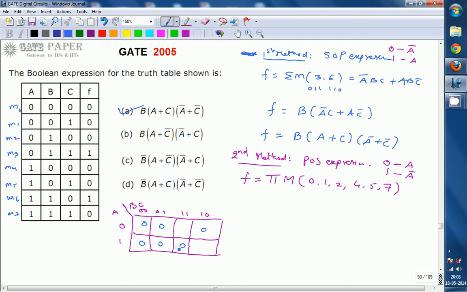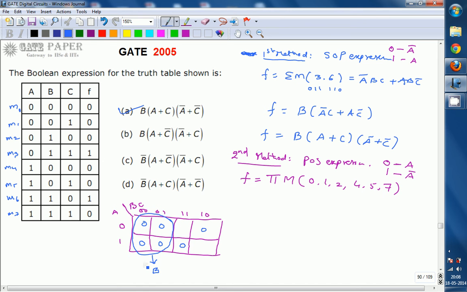Now if we combine, these 4 can be combined, and you get 0 for B. B equal to 0 implies the true value, so the first sum term is B.